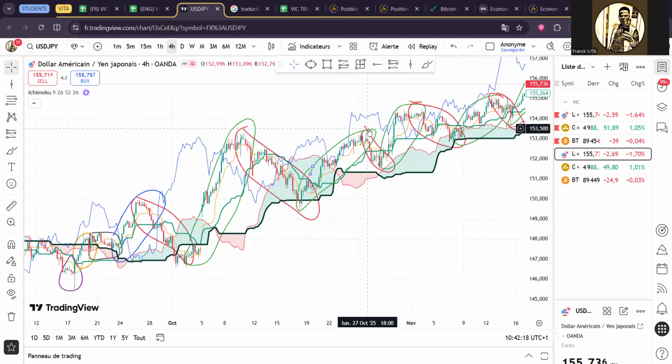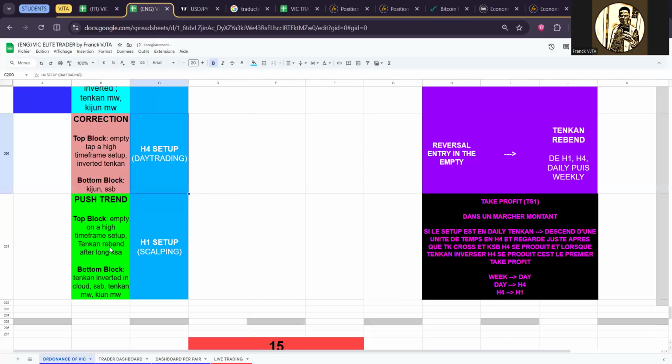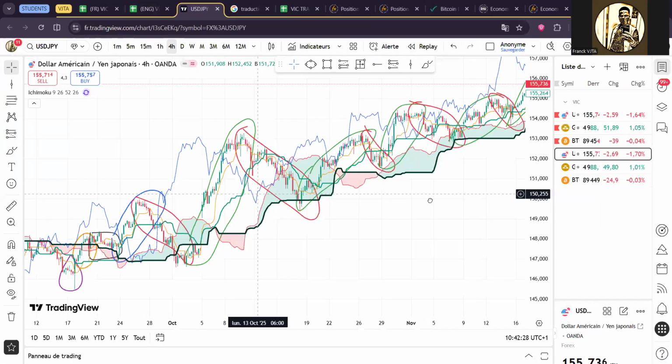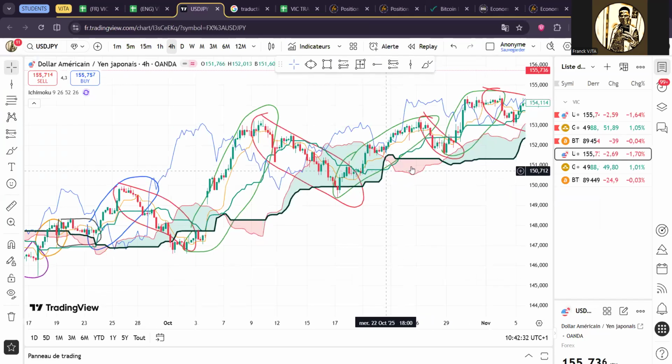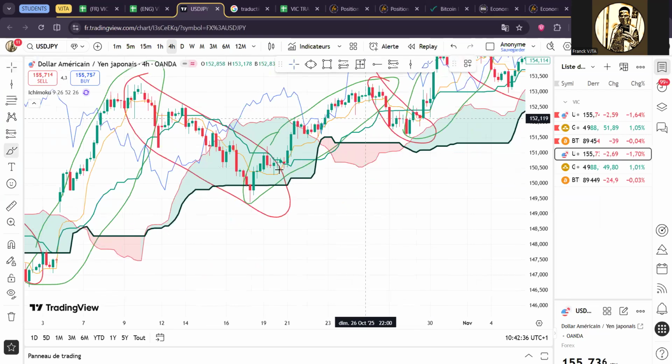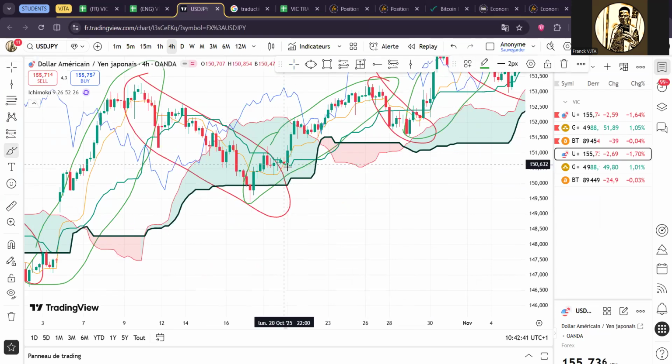So what I'm about to show you is the bottom blocks. You have bottom blocks on Tenkan inverted in cloud or SSB, right? For example, for this push trend specifically, you see this Tenkan inverted here.